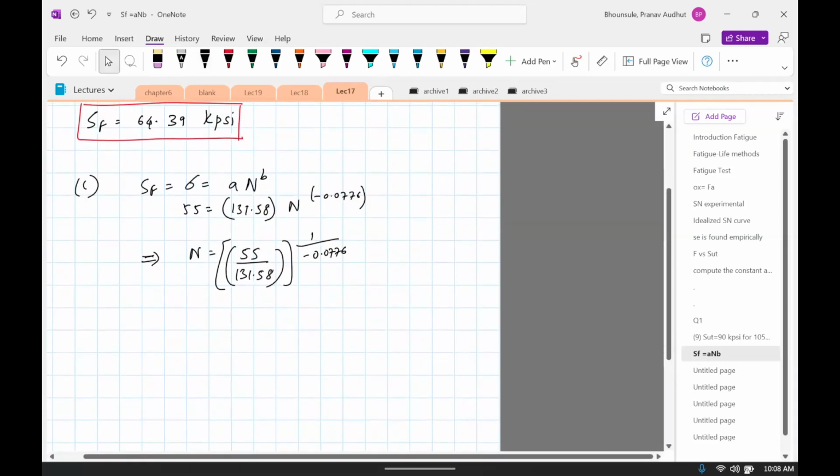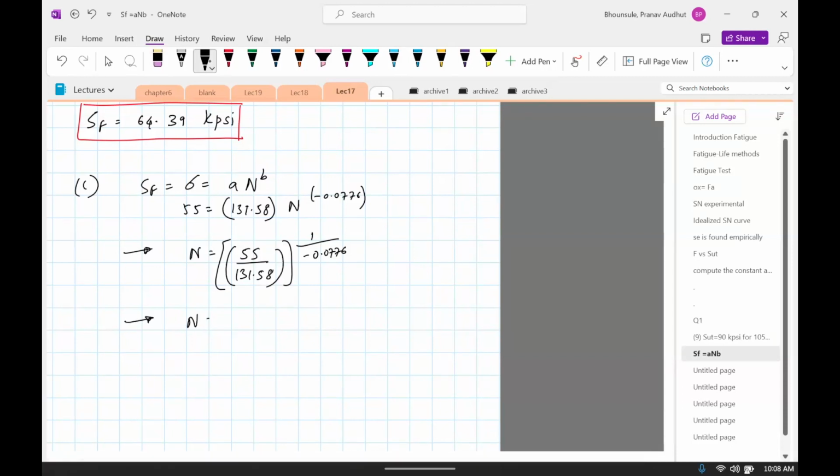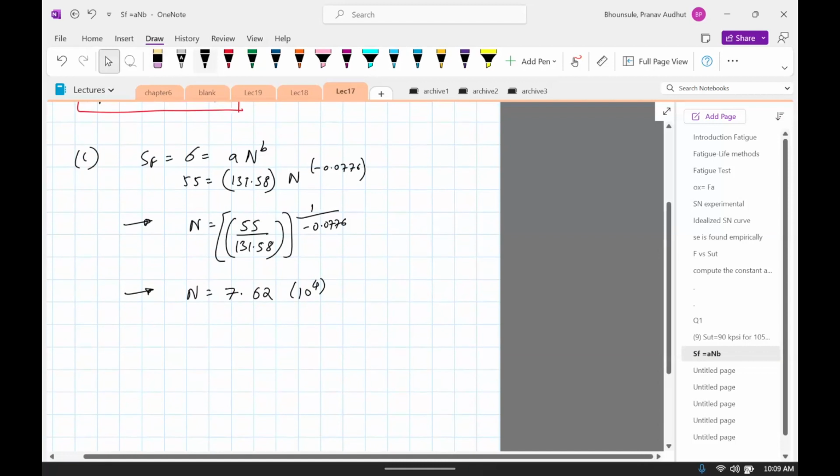So using this formula, we get n equals 7.62 times 10 raised to 4, sorry, 10 raised to 4 cycles. So we can just round this up.